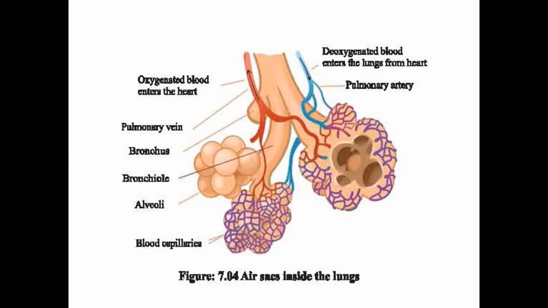Each alveolus is a hollow cup-shaped cavity with a diameter of 0.22 millimeter, and the thickness of the wall is 0.1 micrometer. Micrometer means 10 to the power minus 6 meter. The walls of the alveolus are lined with simple squamous epithelial cells known as alveolar cells. That's why they are very thin and tiny.